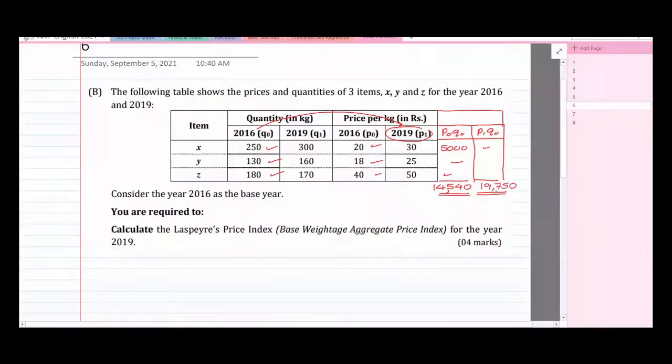Then write the formula. Laspeyres price index is equal to sigma P1 Q naught divided by sigma P naught Q naught into 100. So it is 19,750 divided by 14,540 into 100.